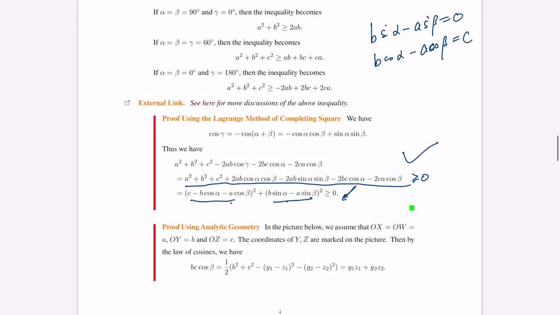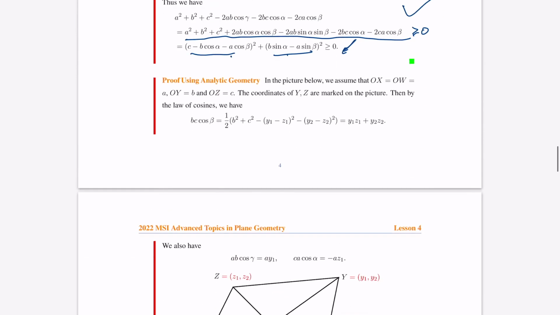Okay, and so what I have done is that I draw the following picture, which is basically irrelevant to the original picture of Erdos-Mordell inequality. So I just turn the algebraic question back to geometry, but this time with a different picture.